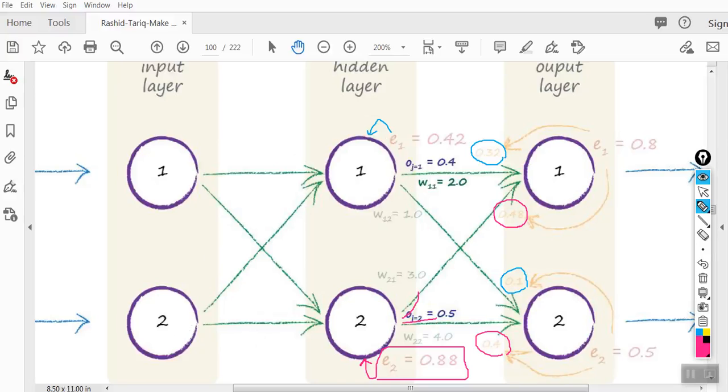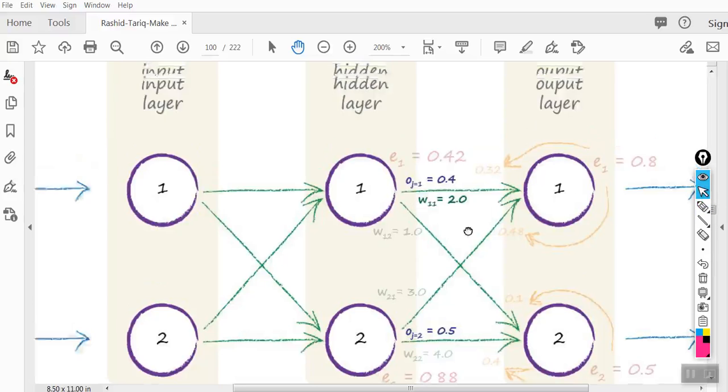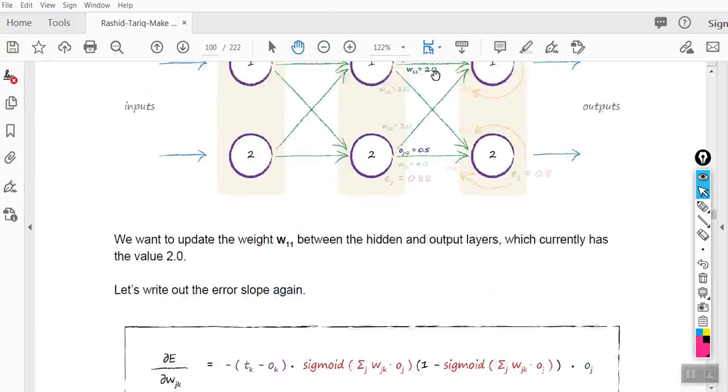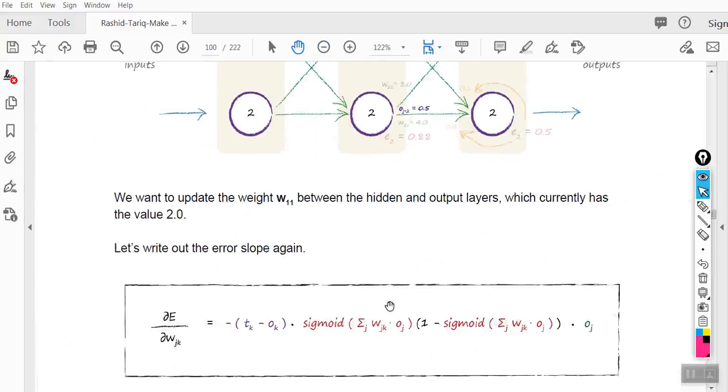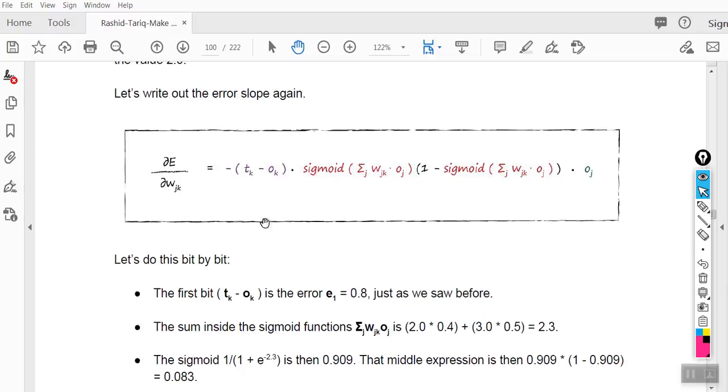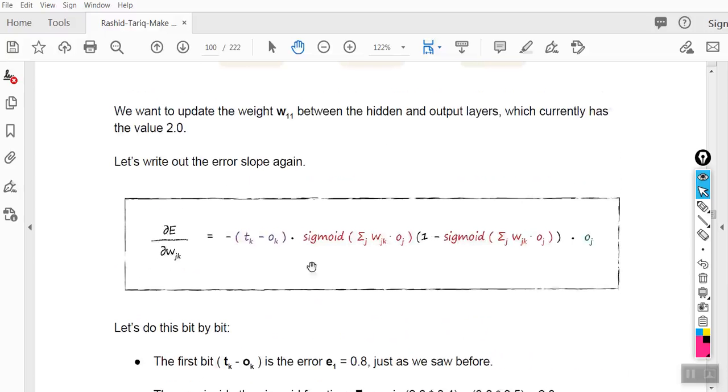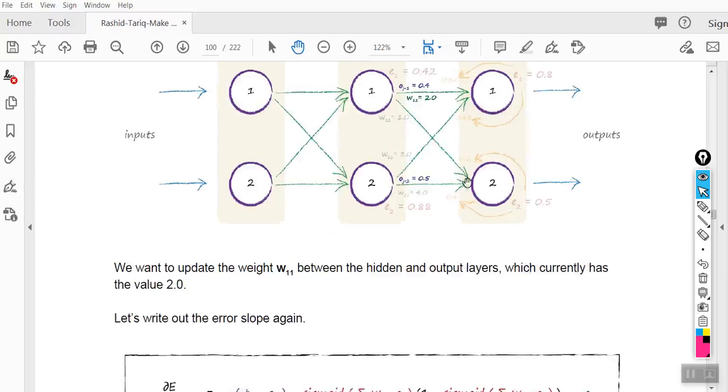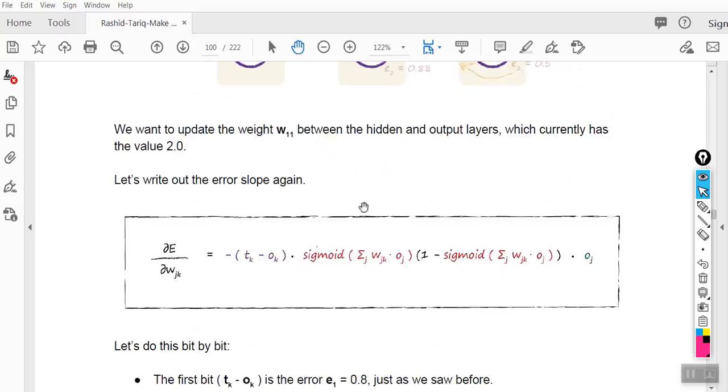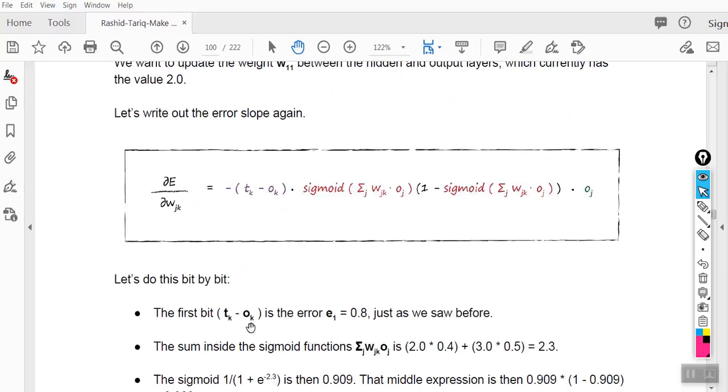Okay. Then after that we have this equation, because we want to calculate the updated W. Okay, then E1 here is 0.8, and this term is the multiplication of the weightings and outputs.